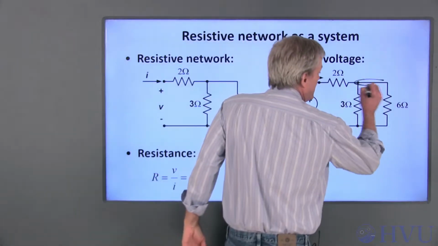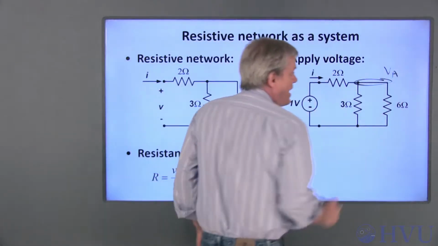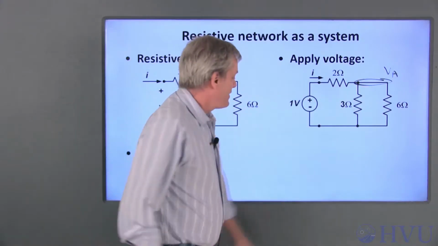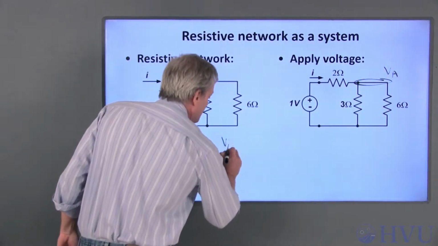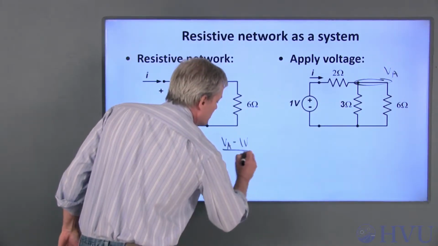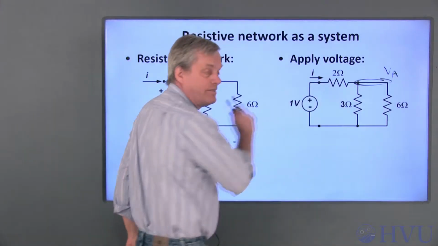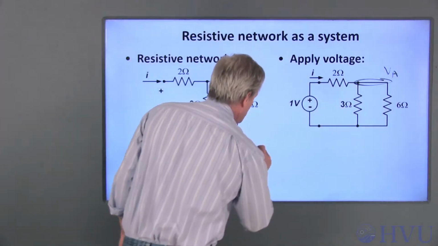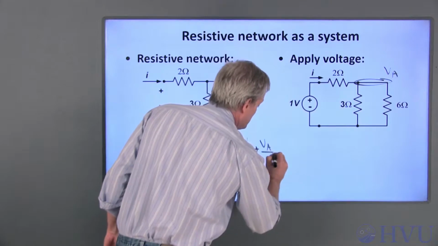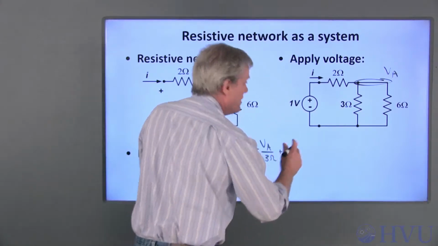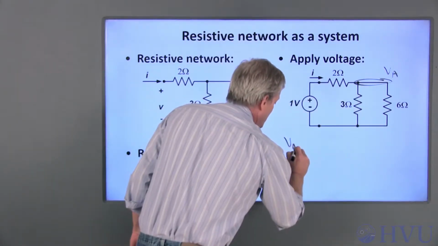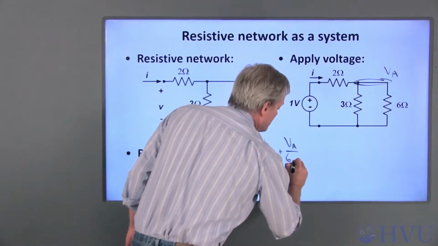If I define this as a node voltage, VA, and then do KCL at that terminal, I get (VA minus 1 volt) over 2 ohms, the current in this direction here, plus this current, which is (VA minus 0) over 3 ohms, plus this current, which is (VA minus 0) over 6 ohms.